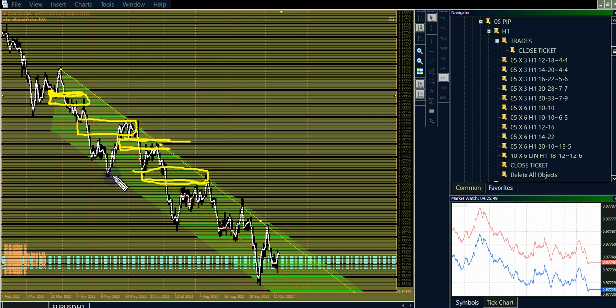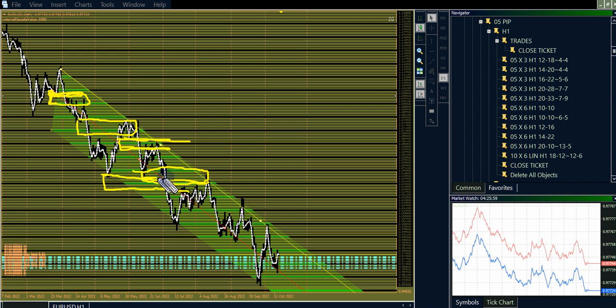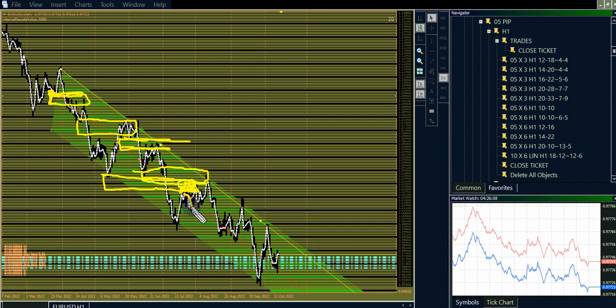Like this would be your 100 pip window below here. So that's right into the treetops of that. This rectangle kind of overshoots, but that's why this is such a feeding zone. 100 pip wick, and the closing prices are down 100. So you're talking about 200 pips from this smash to here.